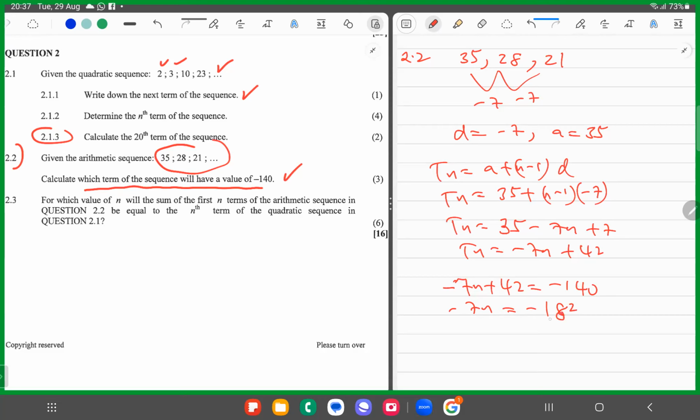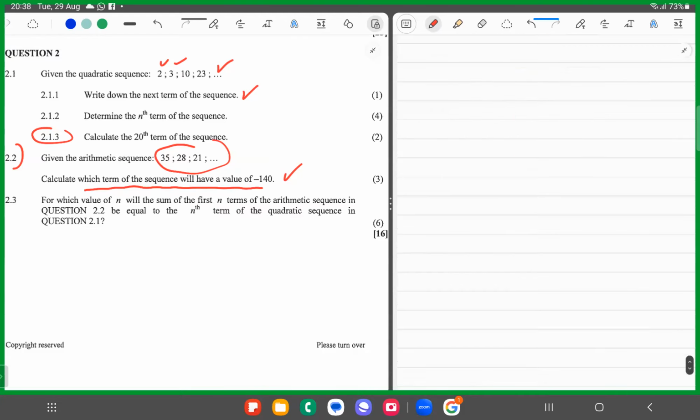Okay, you transpose the 42, and then now you divide it through by minus 7, and the result is exactly 26. So they said calculate which term of the sequence will have the value minus 140. So the term of the sequence that will have that value is exactly 26 there. Term number 26 will have the value minus 140.